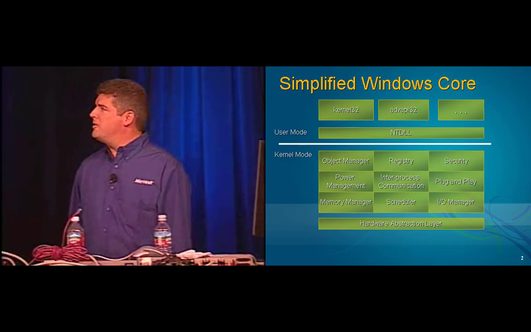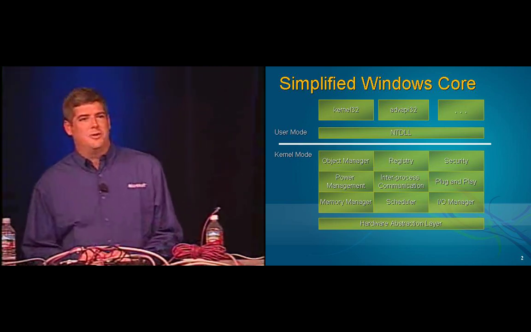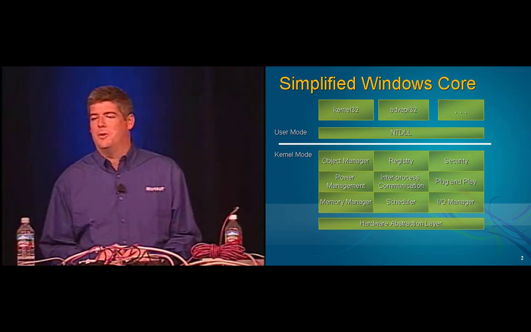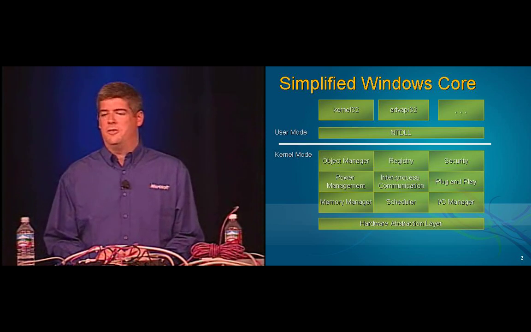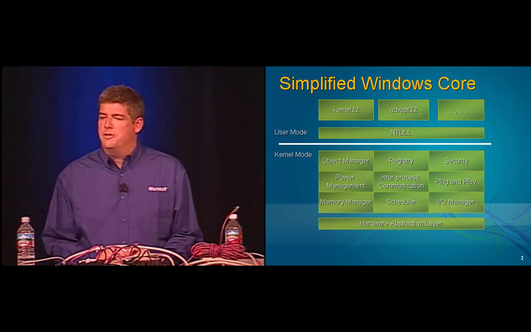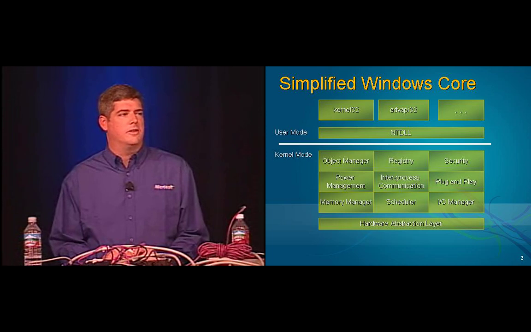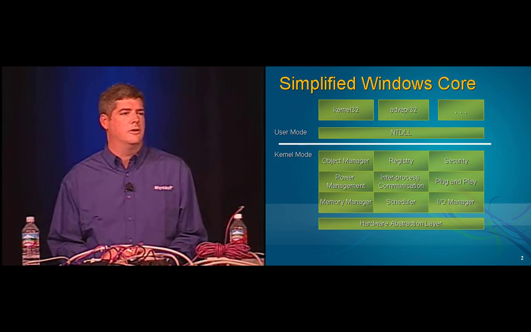So, you guys have probably all seen a diagram that looks roughly like this. This is the so-called simplified core diagram, where we've got the kernel down underneath the kernel user boundary. We've got NTDLL as the major entry point, kernel32, advapi32, other user mode DLLs calling down through that layer to get services out of the kernel.